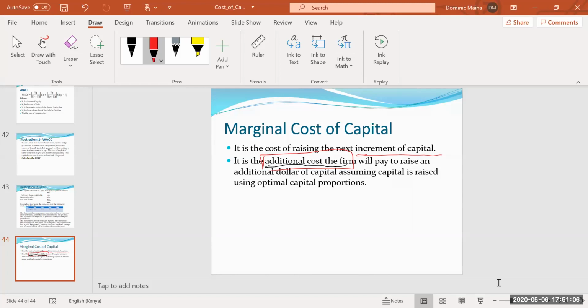If we check the December 2009 question, question 2 part A, go through it, then we attempt together.